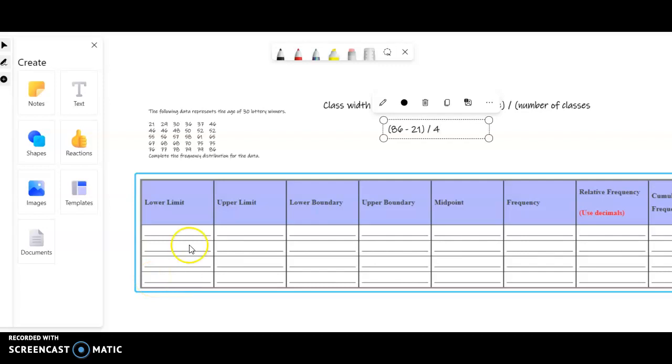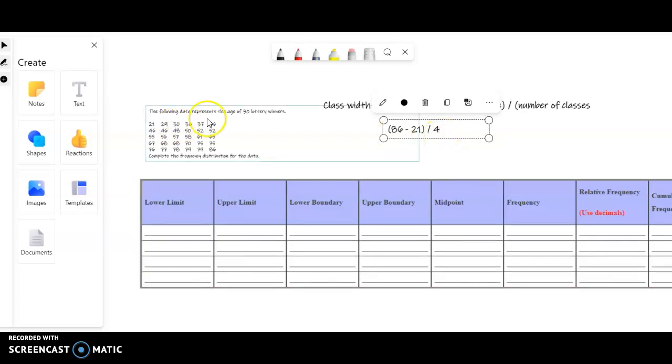And that number could vary. It's just the number of rows, or in the problem it will say how many classes to use. So on your calculator, you're going to do 86 minus 21, push enter, and then divide by 4. In this case, I'm getting a 16.25.